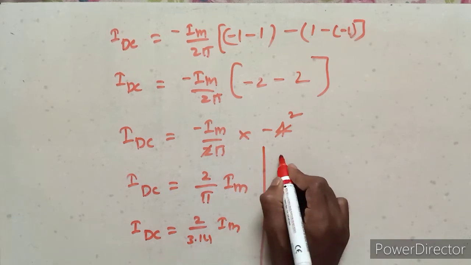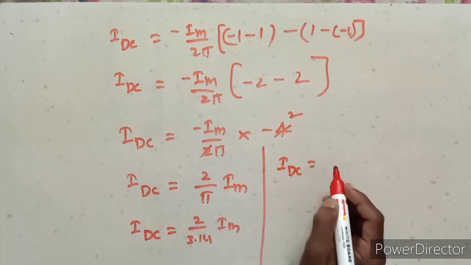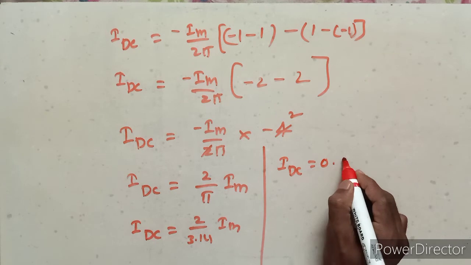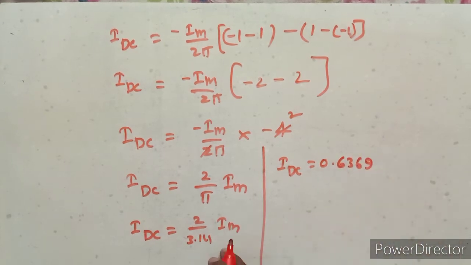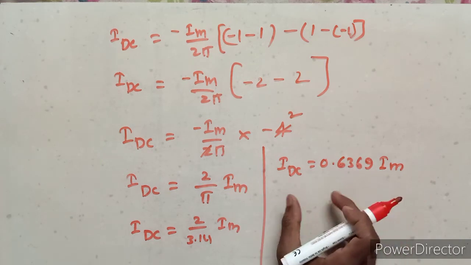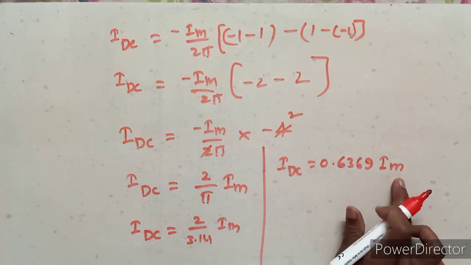So the DC value of the current equals 2 upon 3.14, which equals 0.6369 into Im. So the DC value of the current equals 0.6369 into the maximum current.